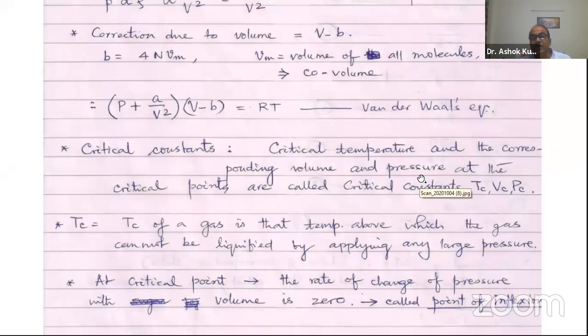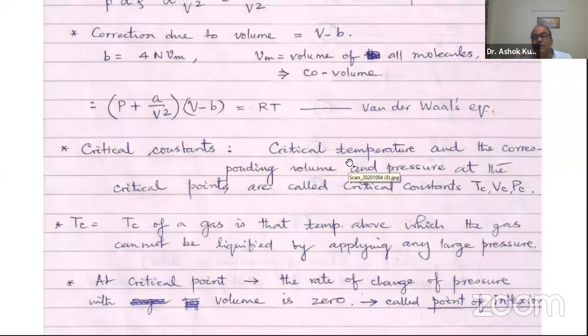But we find that there is a limit, and finally there is a liquefaction of the gas. Liquefaction means the gas gets converted into liquid, but this is not possible in all situations, for which the temperature of the gas must be maintained.